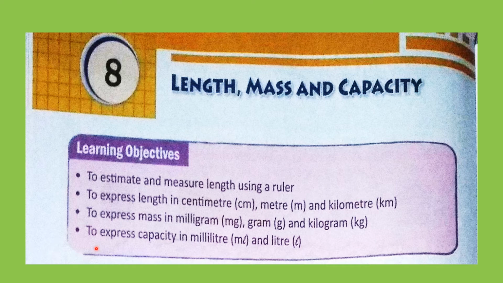Okay, and to express capacity in milliliter and liter. Got it, children? It's very easy. Here we will learn the relationship between centimeter, meter, kilometer, millimeter, milliliter, and liter, gram, kilogram, and milligram. So we are going to learn all these things.